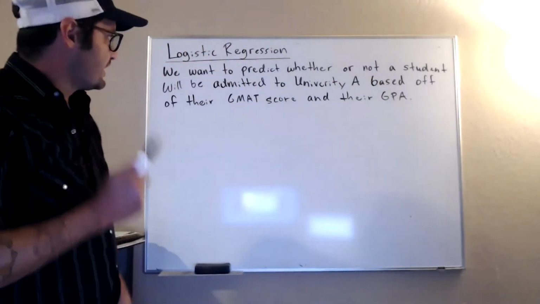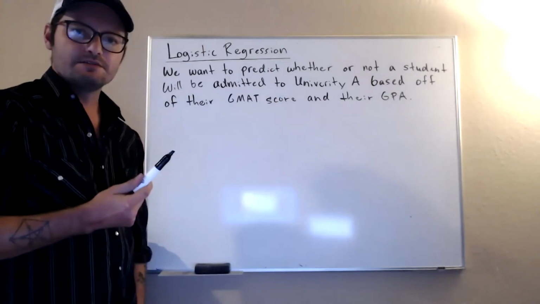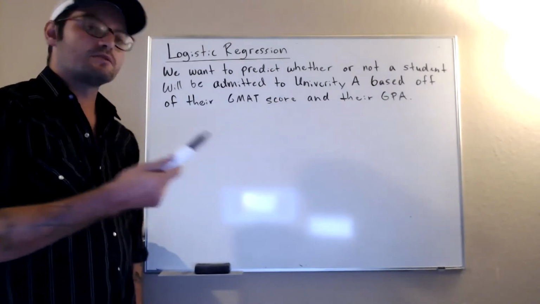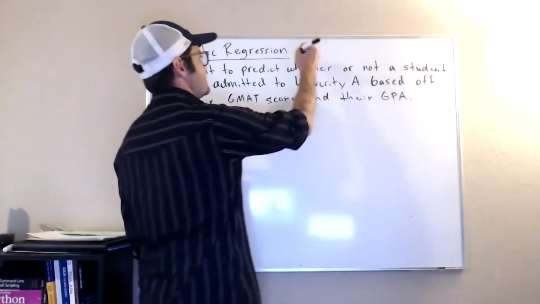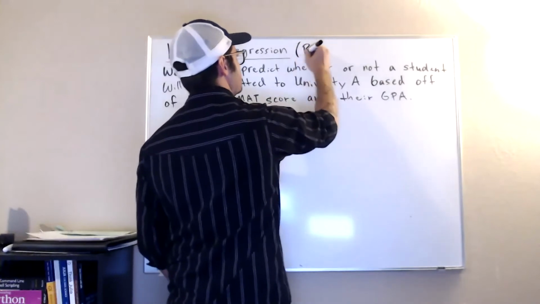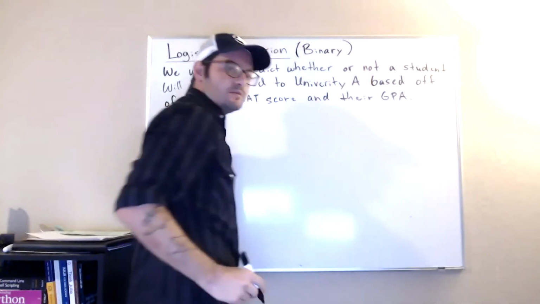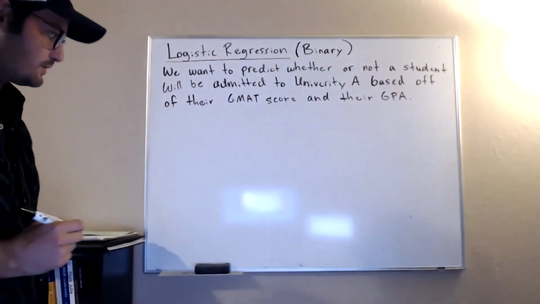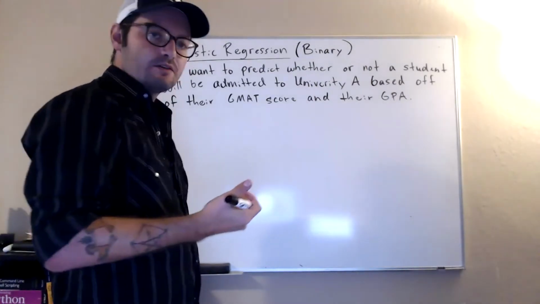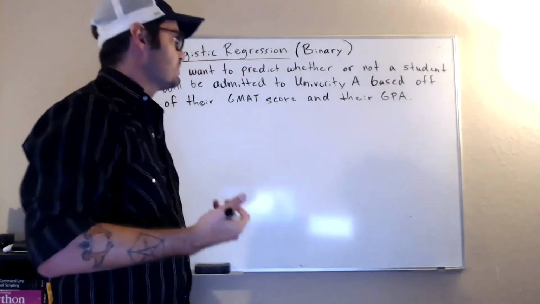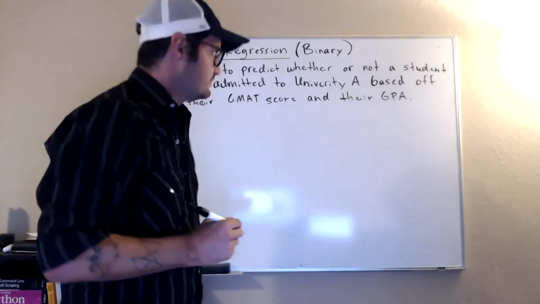But what we can do is seek a likelihood that a student will be either admitted or not admitted. For this example, this is going to be a binary decision. And what we're going to be training our model to find is a way to predict a probability that a student will be admitted to this university.